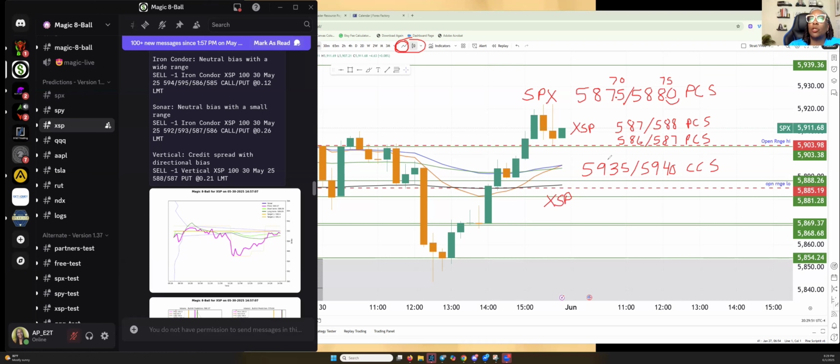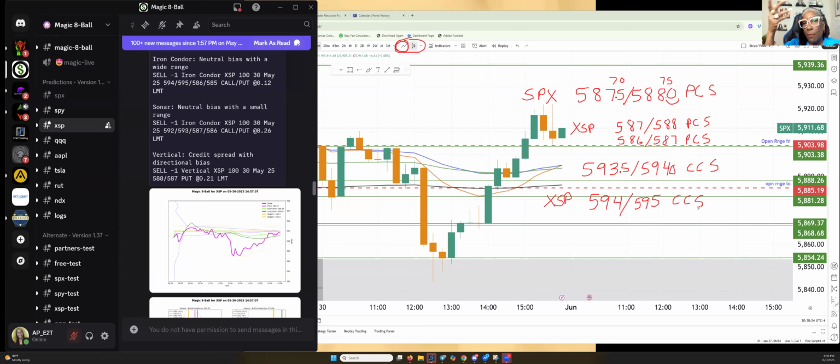If I was calling out 59.35, 59.40 for SPX, would 593 be high enough, or should we go on up higher to 594? We're moving one decimal over, and there's no 0.5, so we got to go 594, 595. And if you're not feeling comfortable there, then you could go with 595, 596.